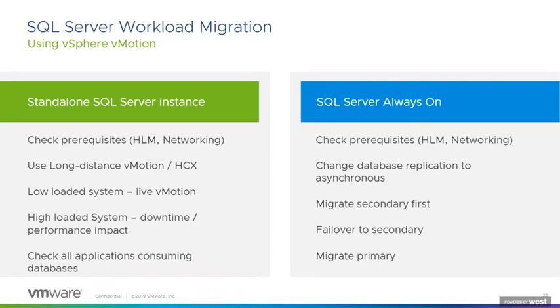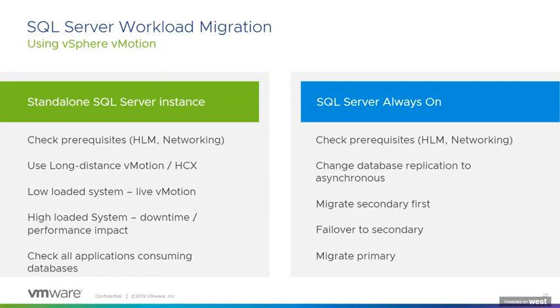For SQL Server Always On, we will be looking at a SQL Server Always On availability groups cluster. After checking all the prerequisites, we recommend changing database replication to be asynchronous, then start migrating with the secondary node first. After that, you will fail over to the secondary, then you will migrate the primary.